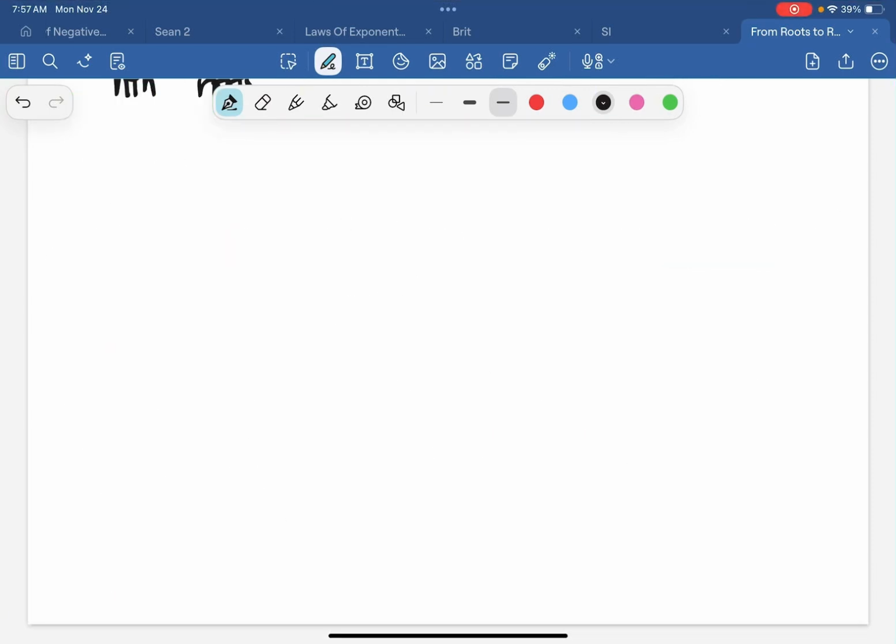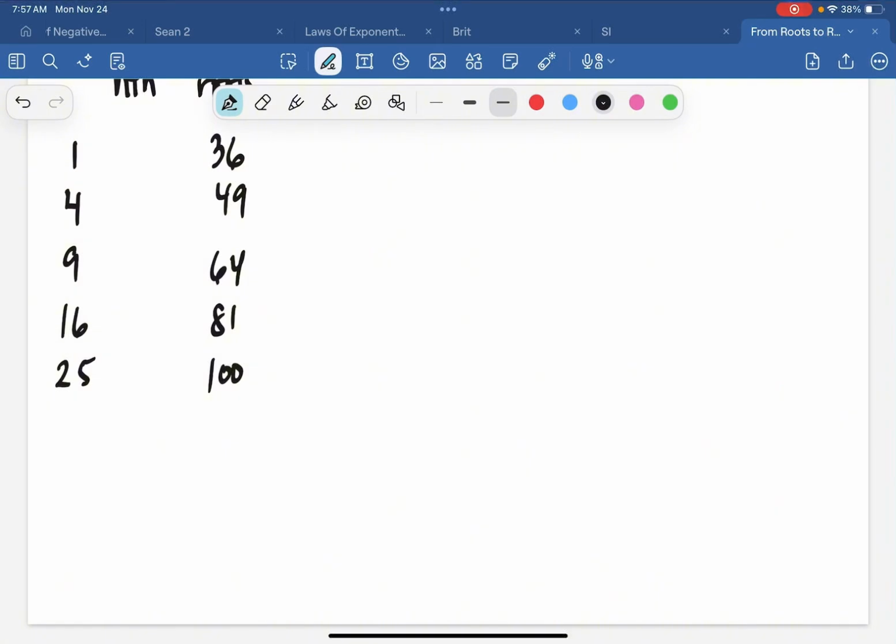Now, once again, if you remember the perfect squares and perfect cubes, for perfect squares, you have 1, 4, 9, 16, 25, 36, 49, 64, 81, and 100, and other numbers.